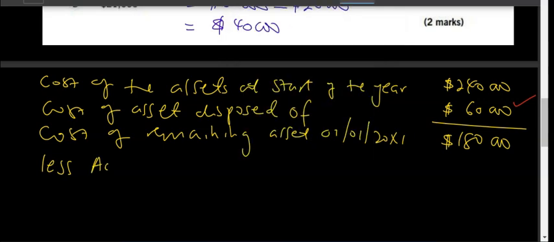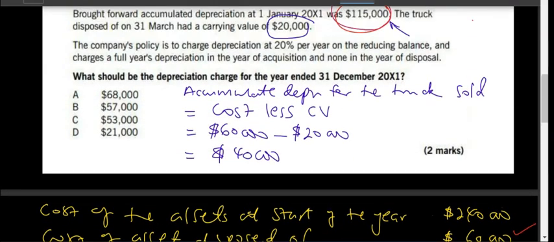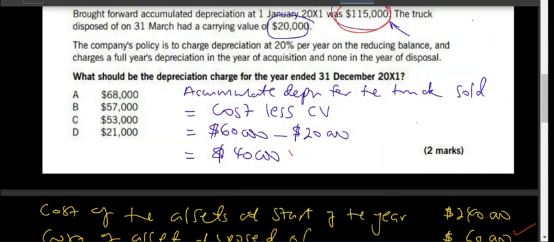So we say less accumulated depreciation: 115,000 as given in the question, minus the accumulated depreciation for the assets which have been sold, which we determined to be 40,000 from our computation.